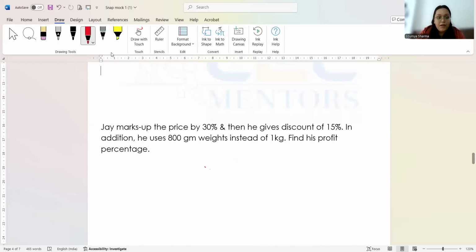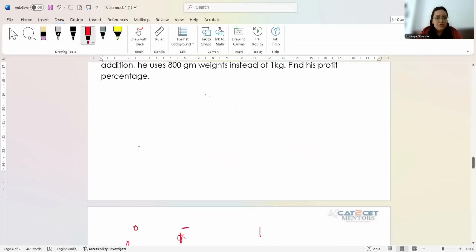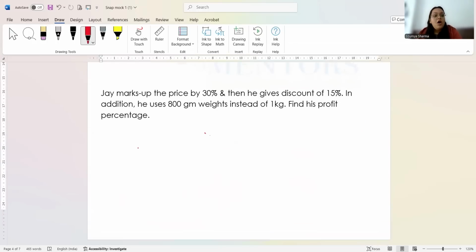Let's move forward. The next question was on percentages and faulty weights. Always remember, in this certain type of questions, we just have to deal with how much the percentage is increasing or decreasing. For example, Jay marks up the price by 30%.